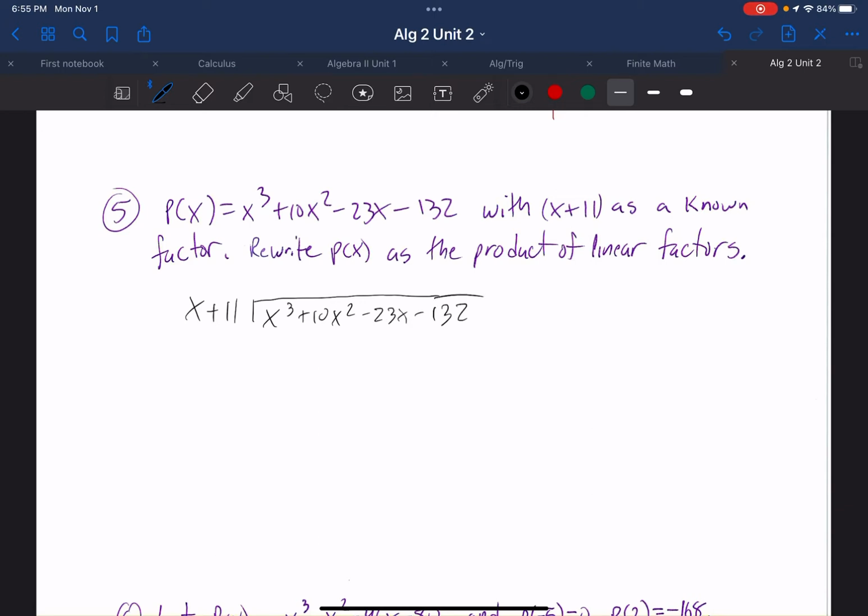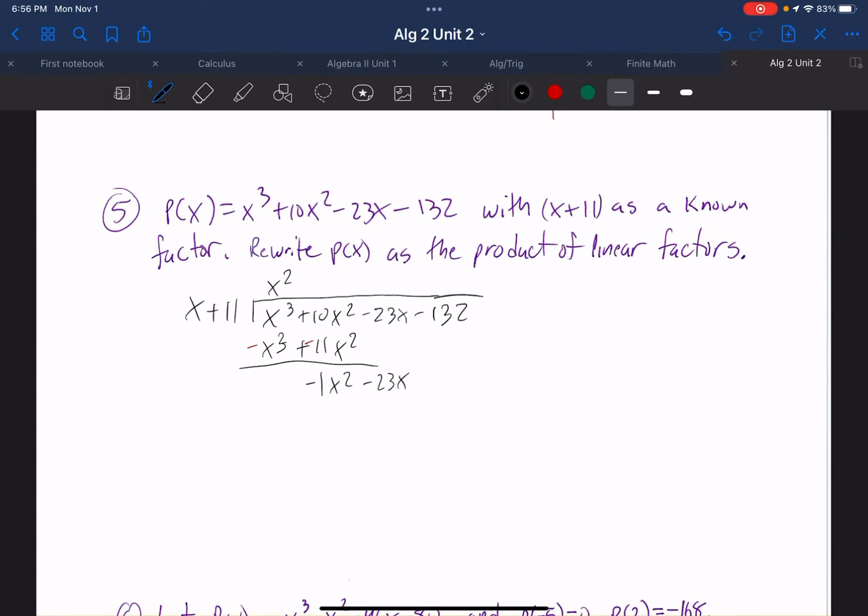All right, pick it out, multiply it out, subtract it out, drop it out. So the first thing I'm picking out is x squared. That gives me x cubed plus 11x squared, my bad, x cubed. Now I'm going to subtract that out. That's going to give me -1 left. So it's -1x squared, drop down the -23x.